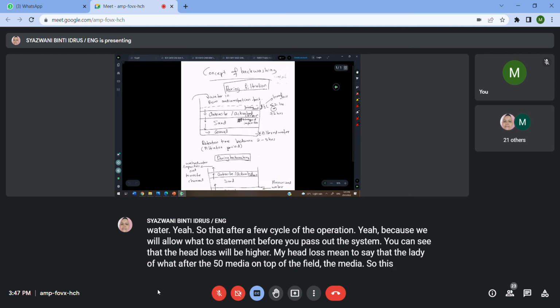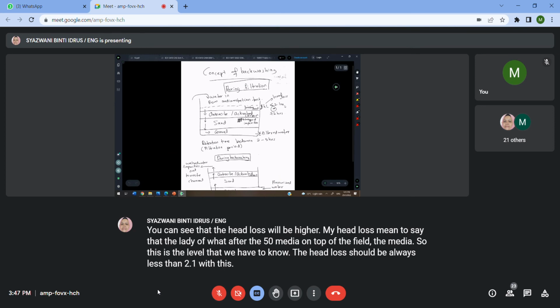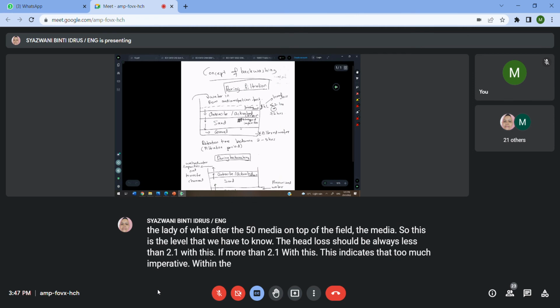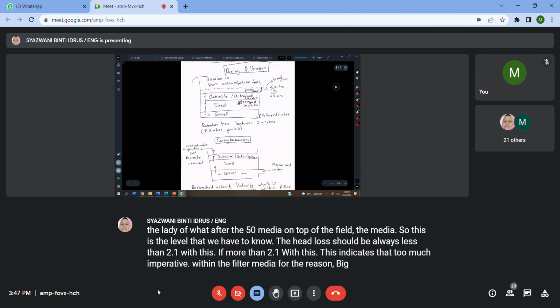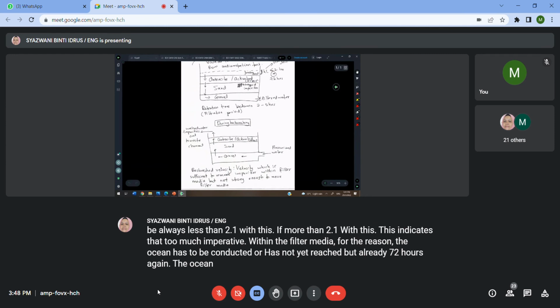This is the level that we have to monitor. The head loss should always be less than 2.1 meters. If more than 2.1 meters, that indicates too many impurities are stuck within the filter media. For that reason, backwashing has to be conducted. Or if it has not yet reached that but is already 72 hours, again backwashing has to be conducted.